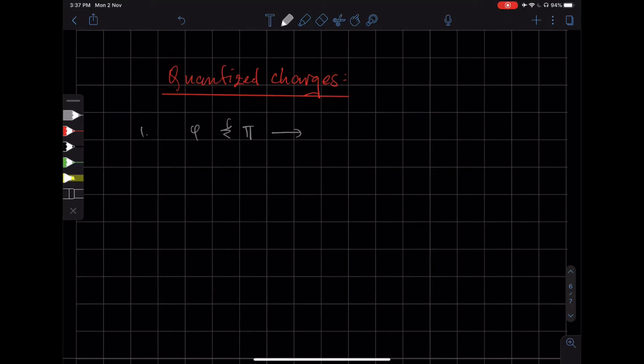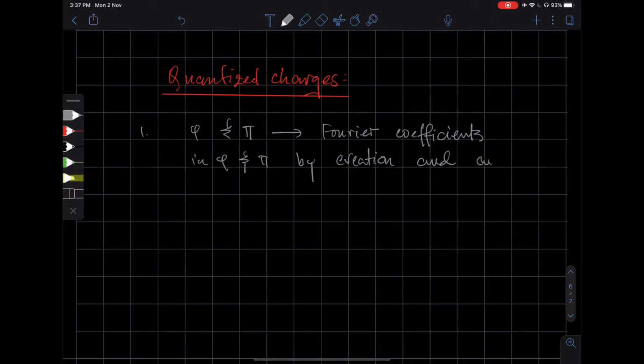We replace the Fourier coefficients in phi and pi by creation and annihilation operators, such as A dagger A, B dagger B, etc.